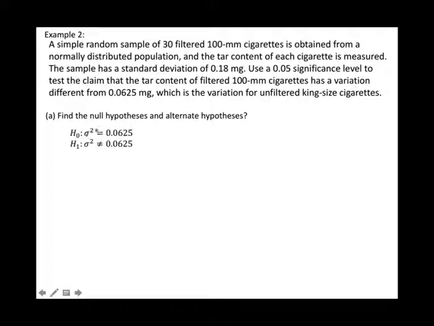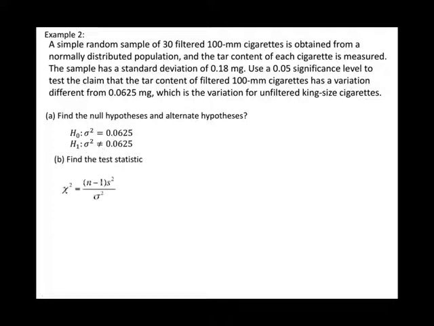So I have the null hypothesis, variance equal to this number. And then the alternate hypothesis will be not equal to, because in this claim statement they never mention less than or greater than, they only say different. So this is going to be not equal.